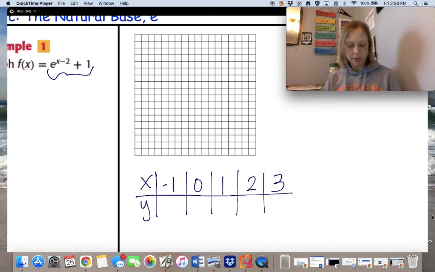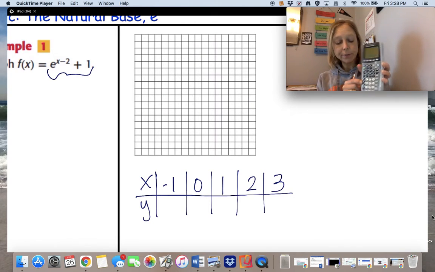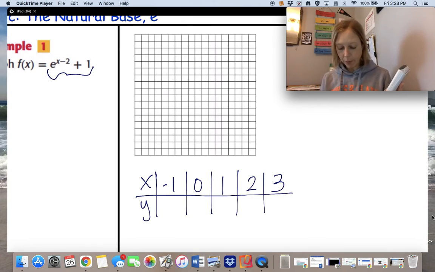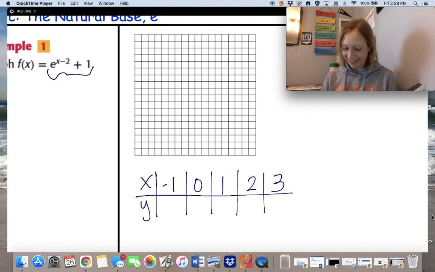The e button, typically on your calculator, is found above the ln button. So I have a button on my calculator that says log, and right below there I have one that says ln. My e to the x button is right above the ln. Oh, you can't see that.